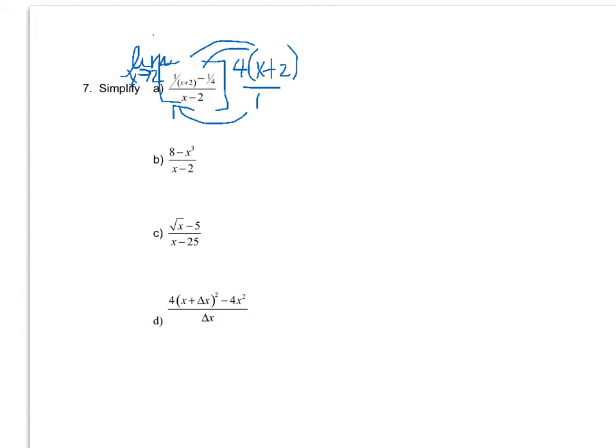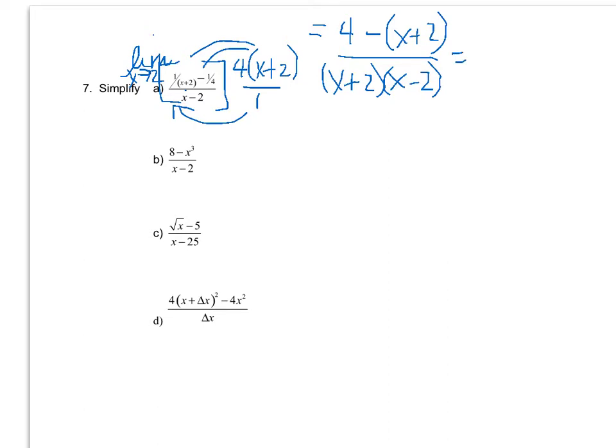So when you do that, I'm going to work up here. You would get the x plus 2's cancel, and you're left with 4. That minus sign doesn't go away. The 4's cancel, and you're left with that quantity. Be careful there. A lot of people leave that off. Divided by x plus 2 times that quantity x minus 2.